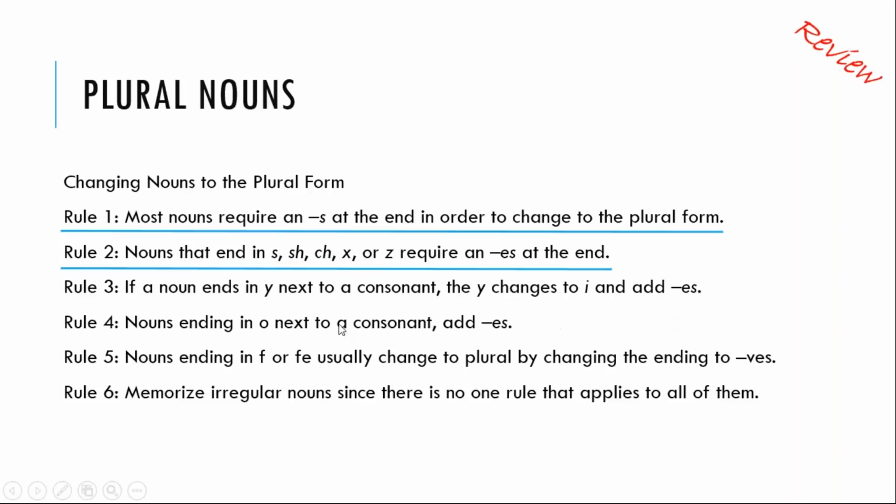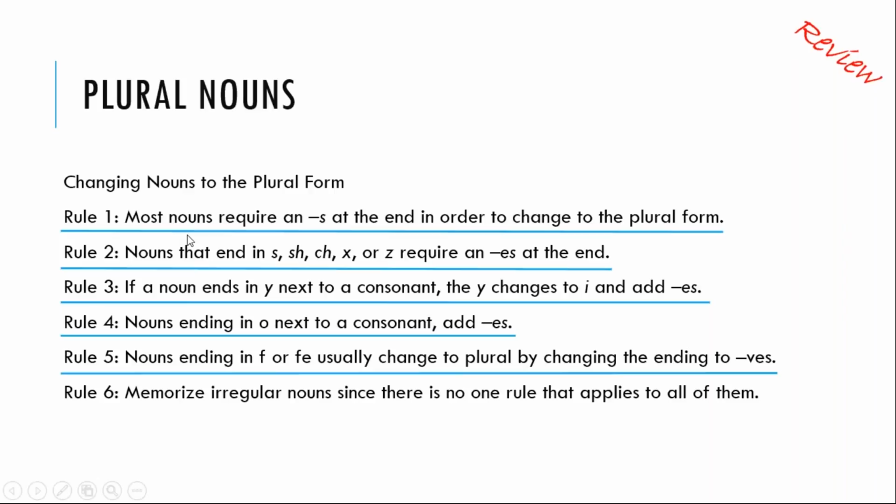If a noun ends in Y next to a consonant, the Y changes to I, and then you add ES, right? So that's rule number 3. So remember, Y next to a consonant, not next to a vowel, only a consonant. Rule number 4, nouns ending in O next to a consonant, also you add ES.